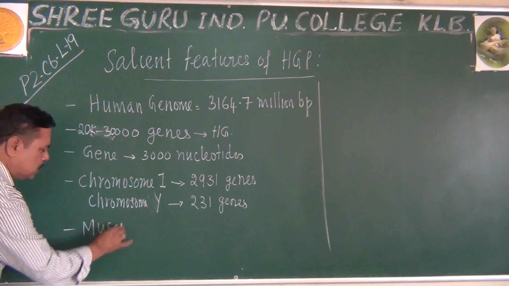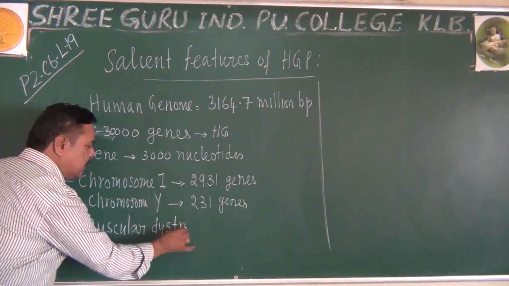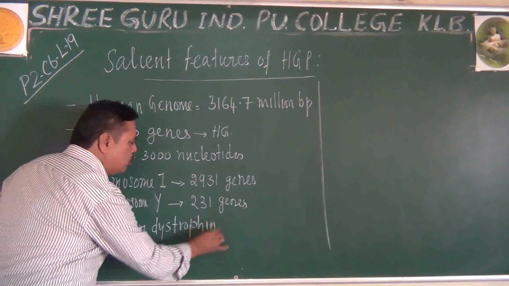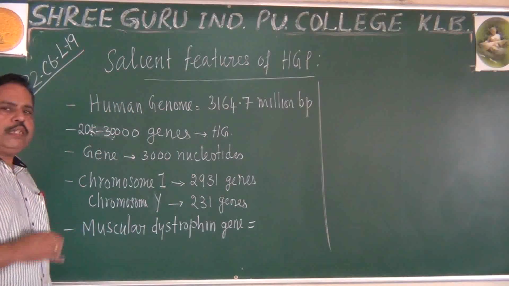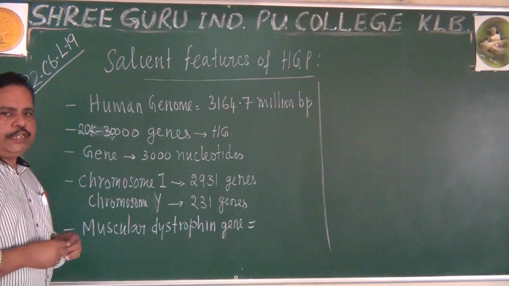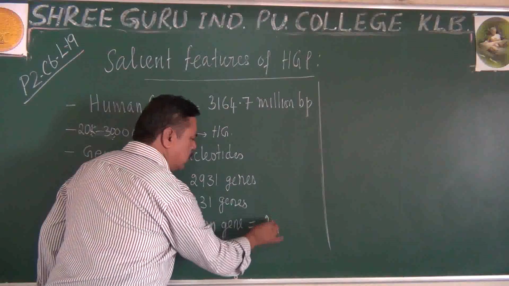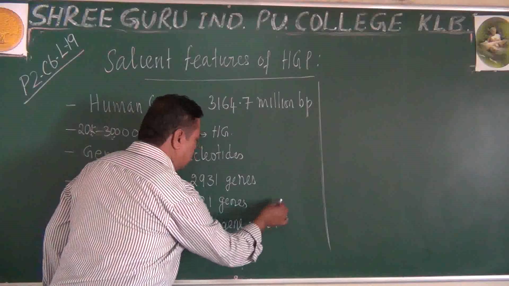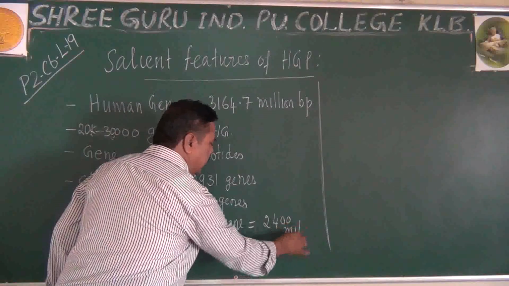muscular dystrophin gene. The muscular dystrophin gene is the biggest gene, we can say, the largest gene present in our chromosomes. It contains around 2,400 something million nucleotides in it.